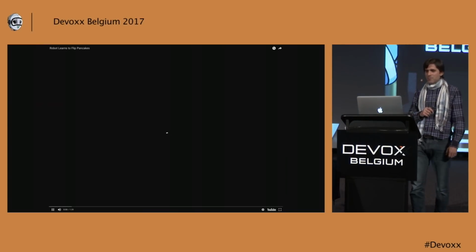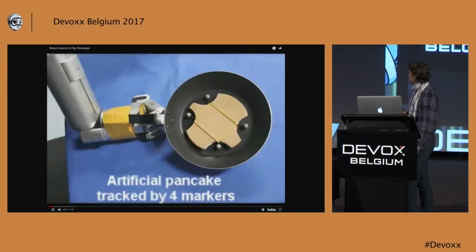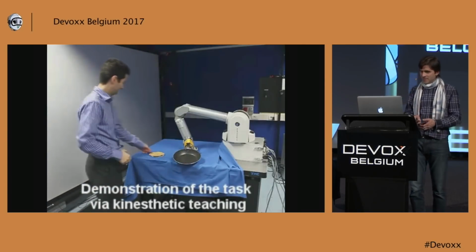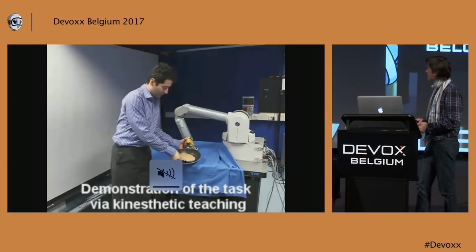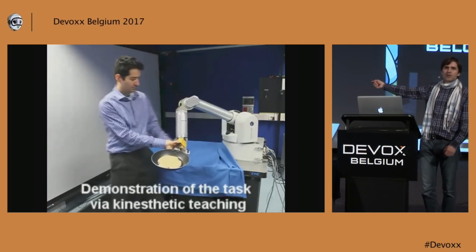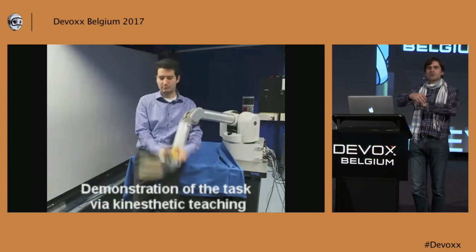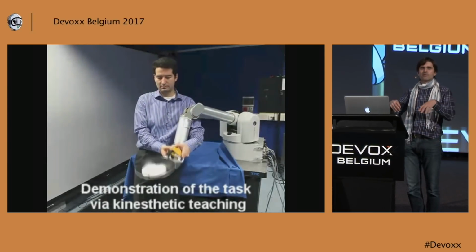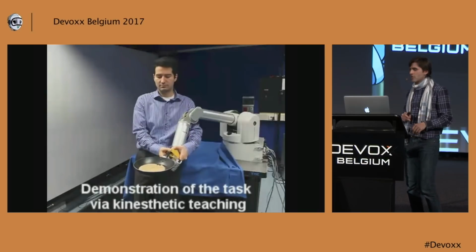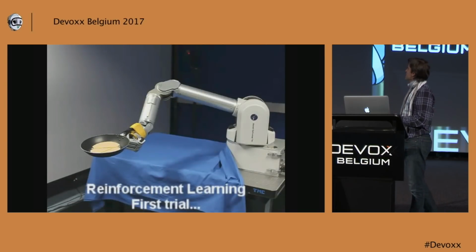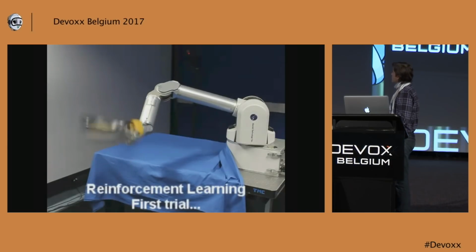So one is this pancake flipping robot. Initially, they primed it by hand, because priming a robot, here the network is sending currents to all the actuators of the robot. So sending random currents might be dangerous for a robot. That's why they prime it by doing it by hand. But then they let the robot play.